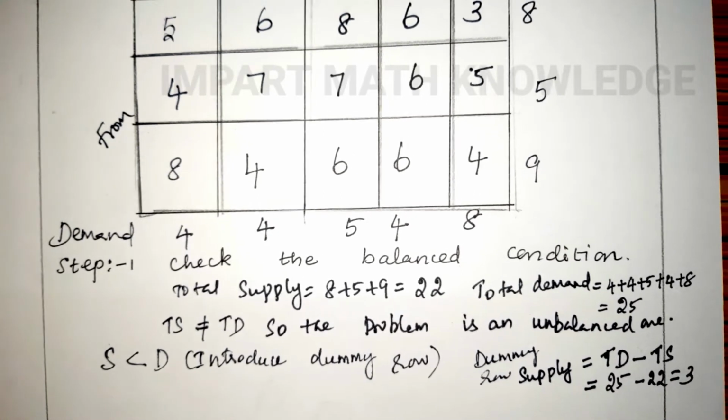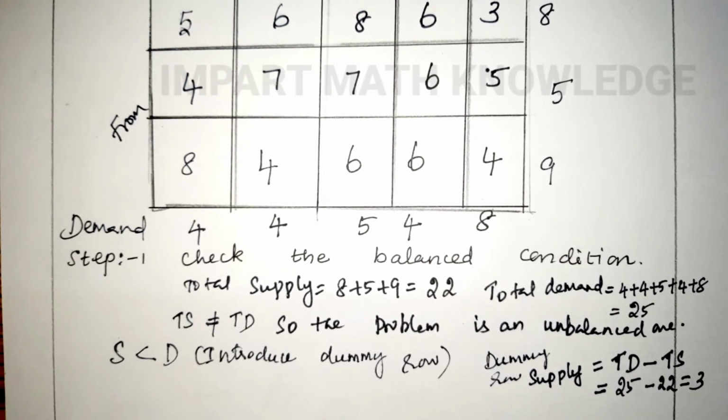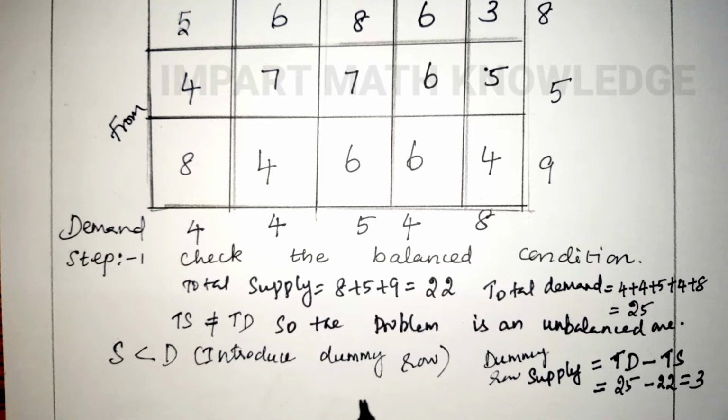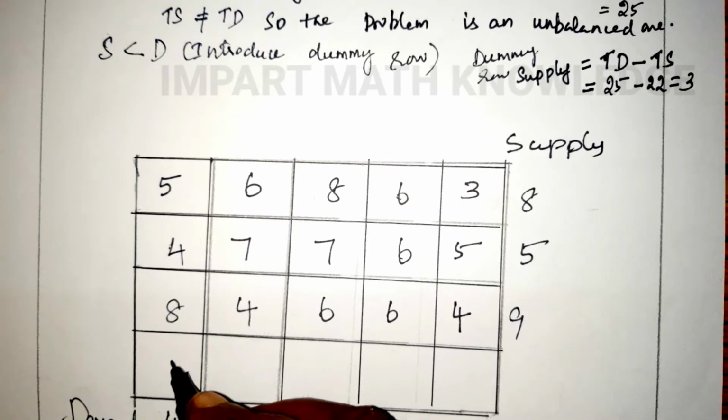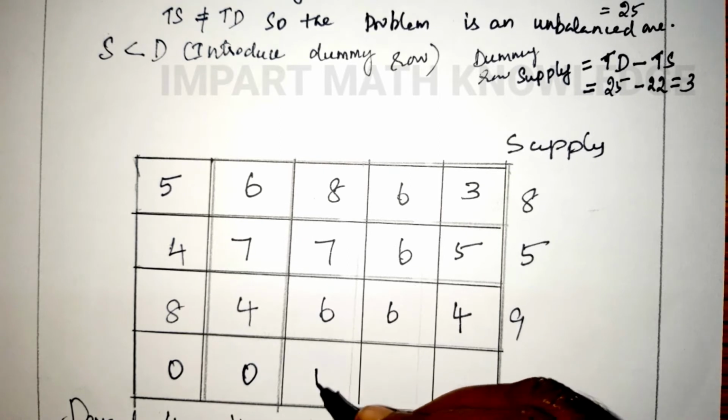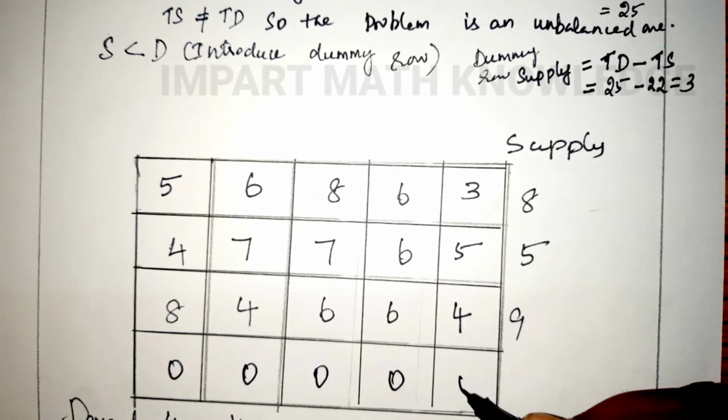Let me repeat. Here supply value is 22, demand is 25. Supply value is less than demand. So you have to introduce a dummy row. For the dummy row, the supply value is total demand minus total supply, that is 3. So you have to introduce one dummy row with 0 entries, that is 0, 0, 0, 0, 0.